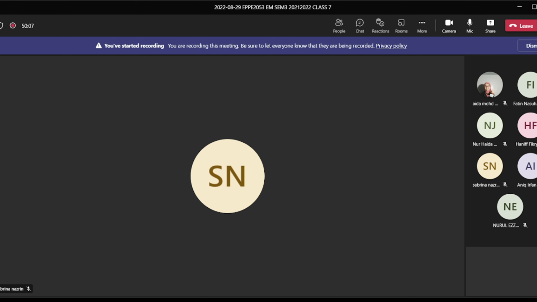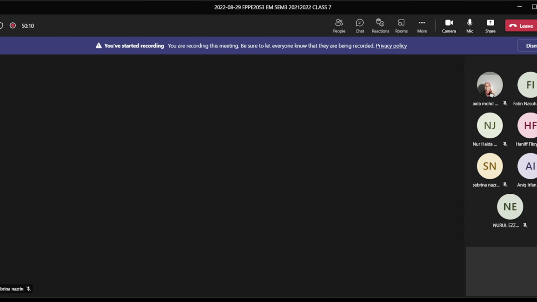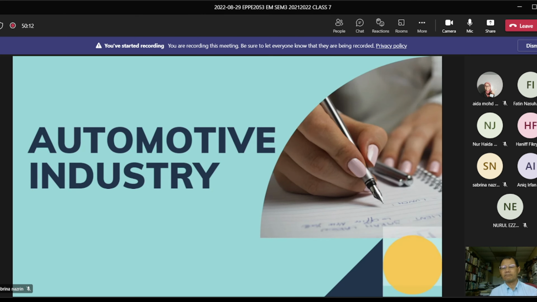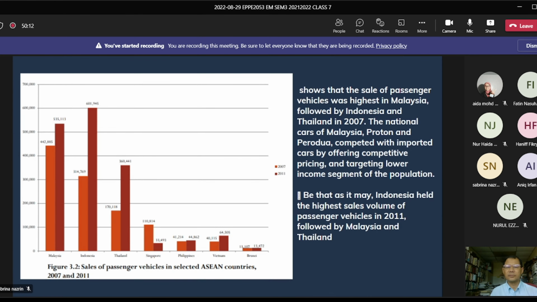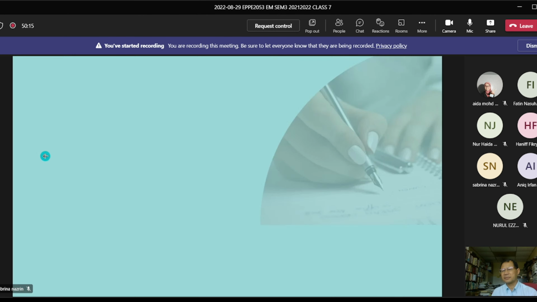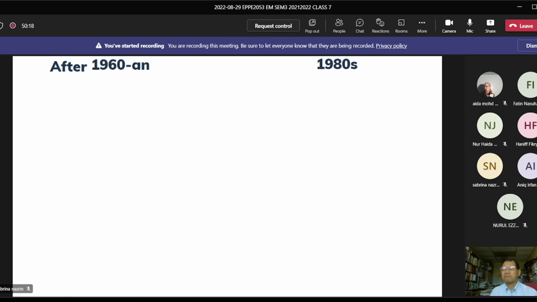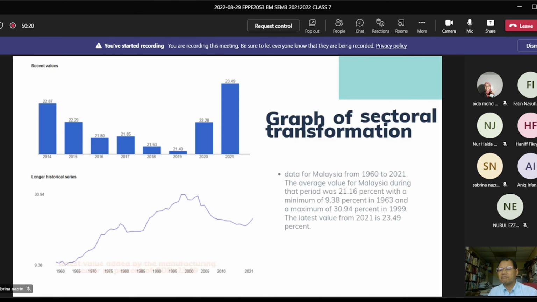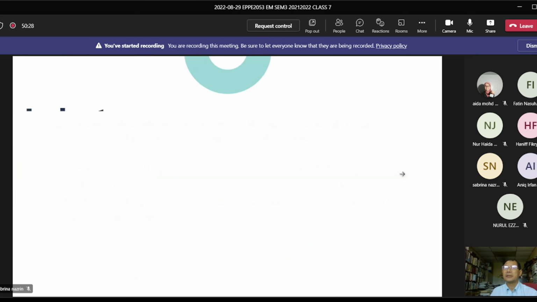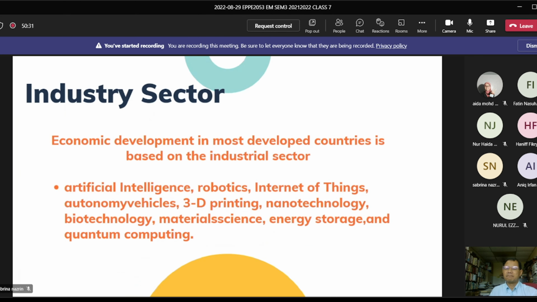Yeah, please move to that slide. Well, from the beginning. This is the first slide. Go to second and third and so on. Quickly. Okay, next.